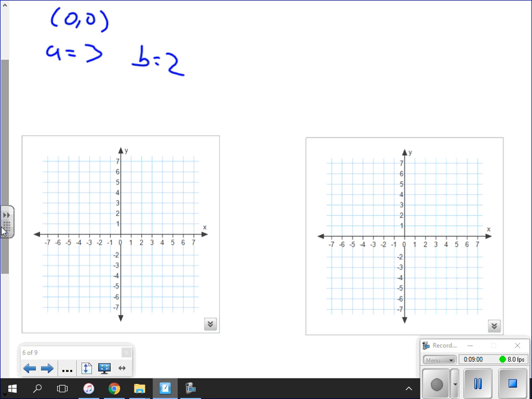So I plot it out. Go to the origin. I go 3 to the left and 3 to the right. -3, +3, up 2, down 2. And you just kind of draw a lopsided oval. So you get that.